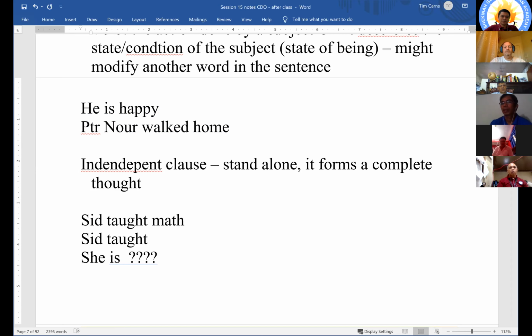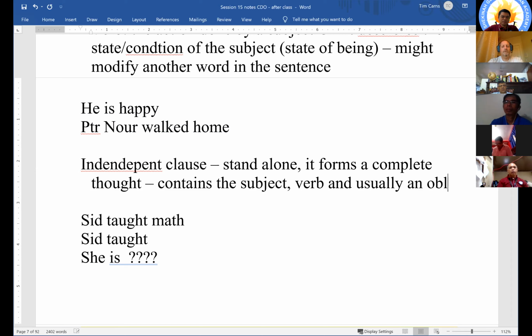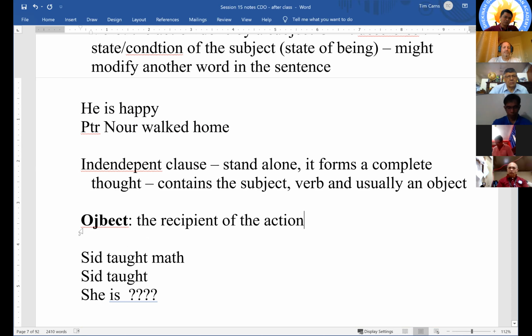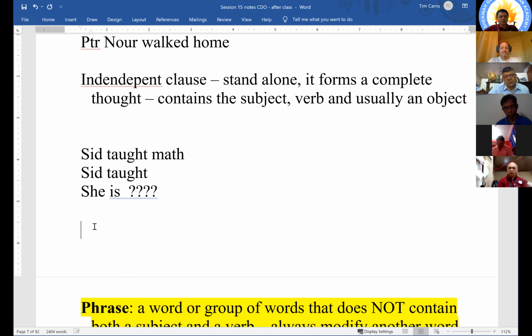It contains the subject and the verb and usually an object, where the object is the recipient of the action. Okay, so we have three things going on here.